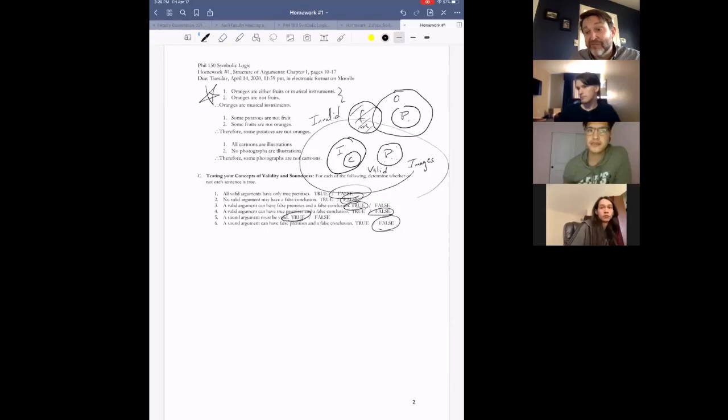So if an argument is sound, then you know the conclusion follows. It's like the gold standard for an argument. It doesn't only have the property that if the premises were true, the conclusion would follow. It also has the property of the premises actually being true. So it has true premises and a true conclusion, necessarily, given the nature of soundness.